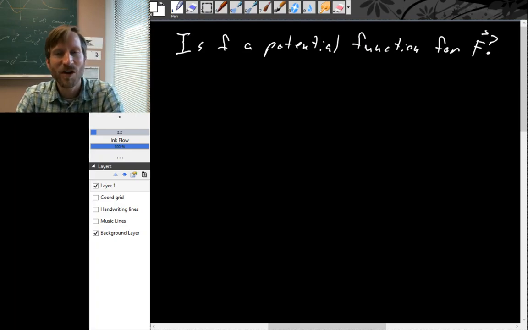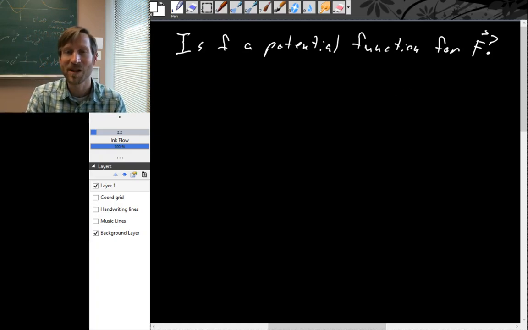And this is kind of a hard question to answer because we know so little about capital F and the function little f. Capital F, the only thing we know about it is that it has path-independent line integrals. And little f, the only thing we know about it is the definition of little f.